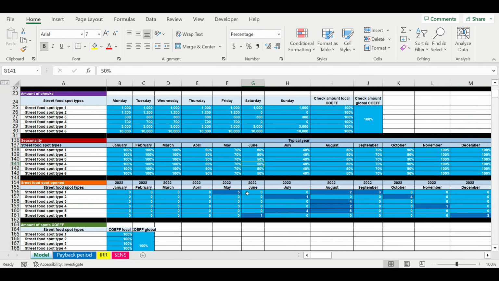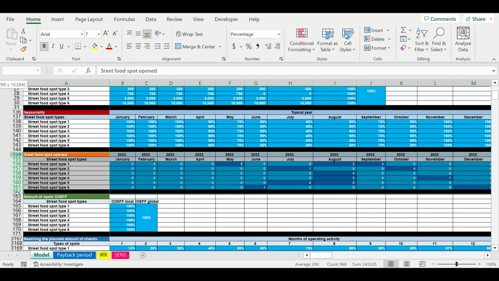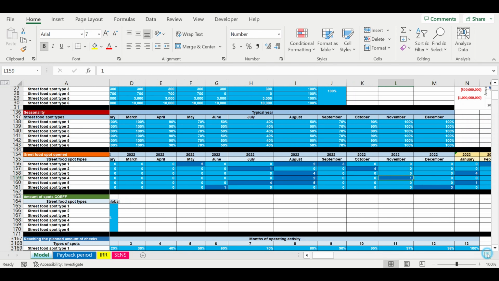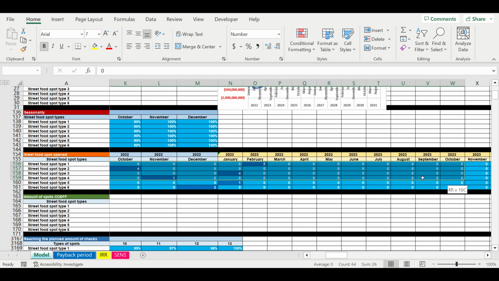Then we move to a very important part of our business idea. We have a chronological table where on the left we have different types of street food spots. These are the types of spots, and here we specify when we are going to open this or that amount of spots. So here we are moving inside the chronology.